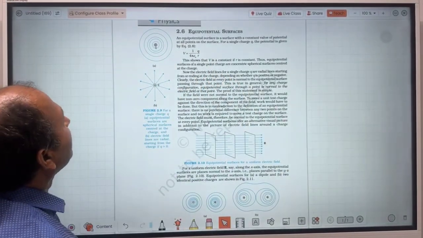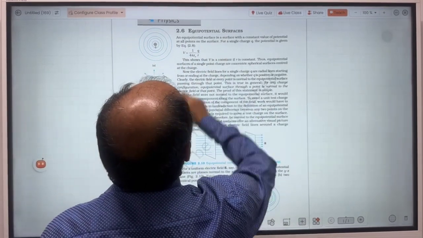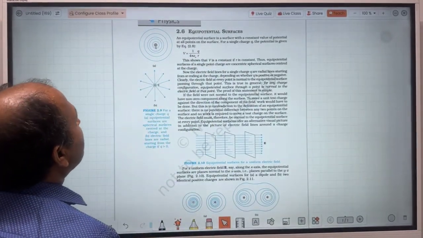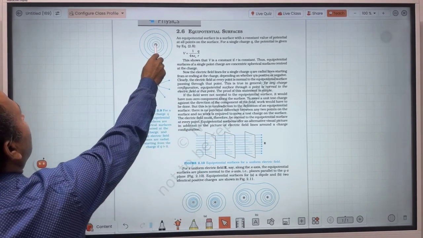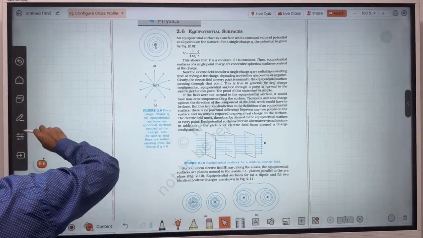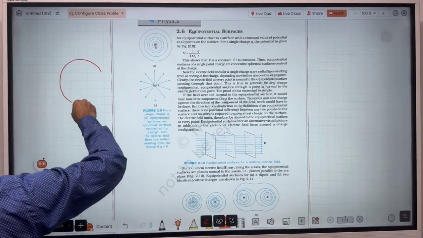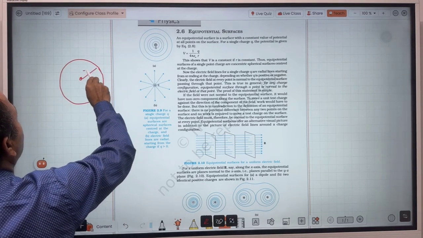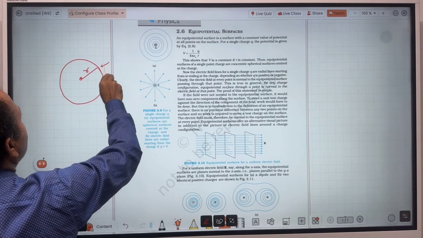Today we are going to study equipotential surfaces, surfaces that have the same potential. Suppose here there is a charge, and at distance r you find the potential.